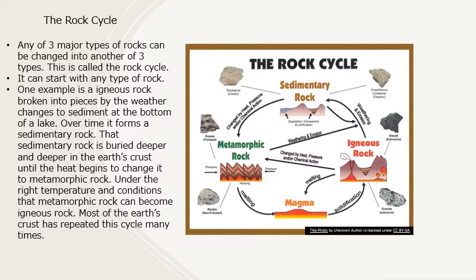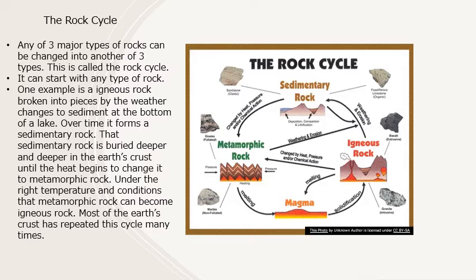This is just an example that I have for you. One example is the igneous rock, that one right here. Remember, that's cooling lava or cooling magma. Igneous rock can be broken into pieces by the weather. And when that happens, it changes to sediment at the bottom of a lake. Over time, it forms a sedimentary rock down at the bottom of the lake.